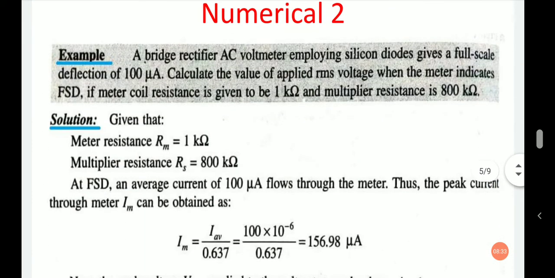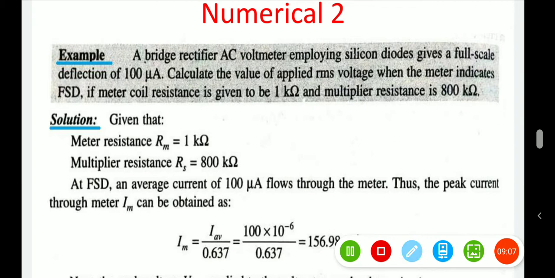So we'll go for next numerical. A bridge rectifier AC voltmeter employing silicon diodes gives a full scale deflection of 100 microampere. Calculate the value of applied RMS voltage when the meter indicates full scale deflection, if meter coil resistance is given to be 1 kilo ohm and multiplier resistance is 800 kilo ohm.